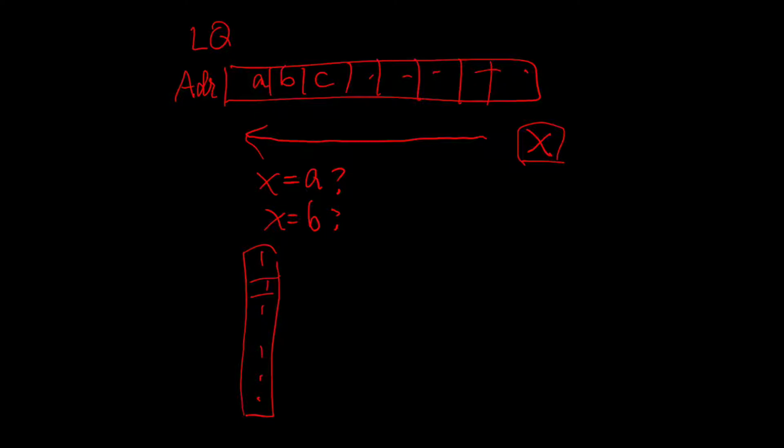Counting Bloom filter: instead of 0 and 1, I set a value to it. If one entry is put into the queue, I increment the counter. When an entry is removed from the queue, I decrement the counter, and so on and so forth. So that's the detail.